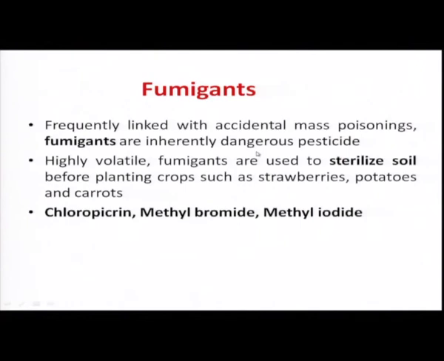Apart from pesticides, fumigants are also used for agricultural protection, and these are also inherently dangerous and highly volatile in nature. They are mainly used to sterilize soil before planting special crops like strawberries, potatoes, and carrots. Some of the chemical compounds used as fumigants are chloropicrin, methyl bromide, and methyl iodide.